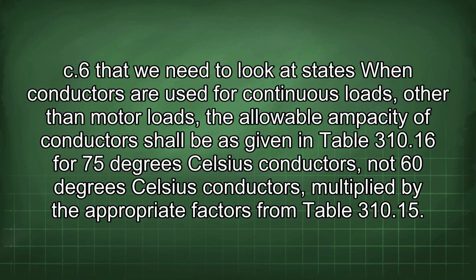The key part of 240.21(C)(6) that we need to look at states that when conductors are used for continuous loads, other than motor loads, the allowable ampacity of conductors shall be as given in Table 310.16 for 75 degrees Celsius conductors, not 60 degrees Celsius conductors, multiplied by the appropriate factors from Table 310.15.